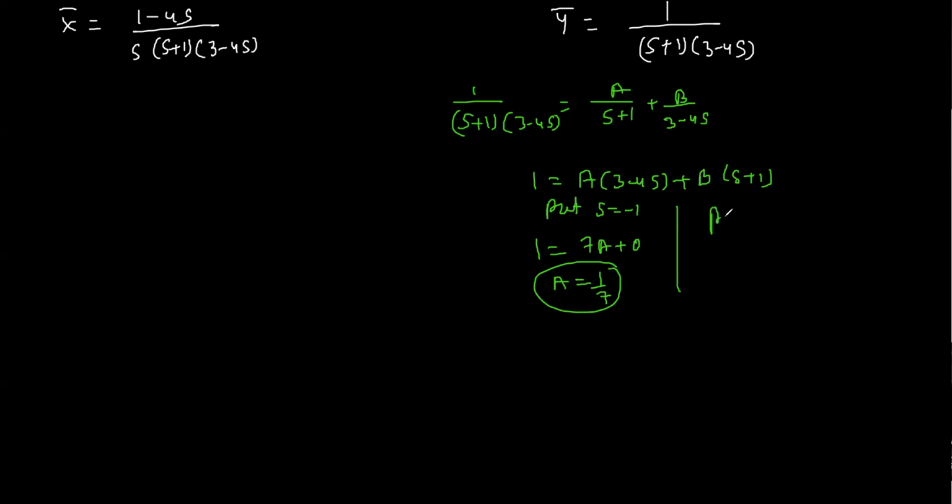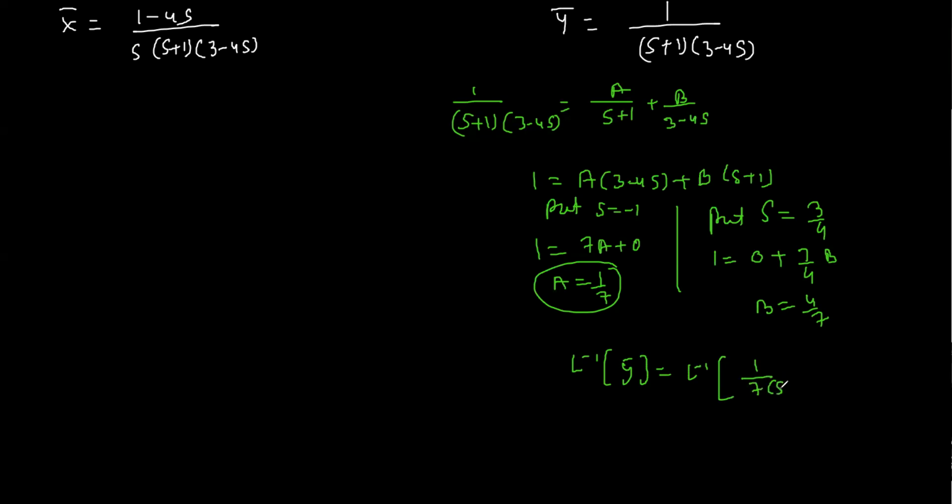Right? Put s is equal to 3 by 4. 3 by 4 plus 1 means 7 by 4. So B is 4 by 7. Laplace inverse of y bar is equal to Laplace inverse of A plus B.